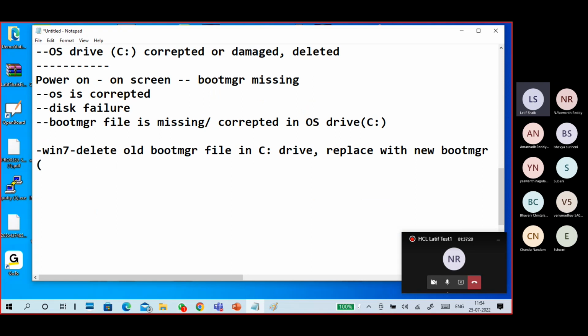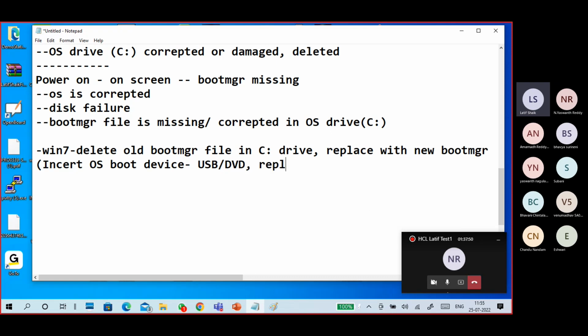There is one more way. Connect, insert the OS boot device. How to insert a boot device? First of all, either it is your USB drive or a DVD.